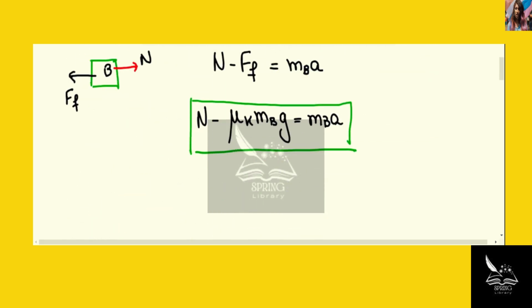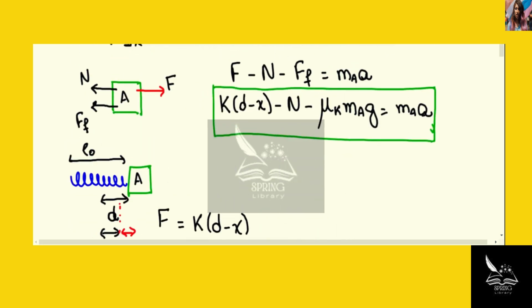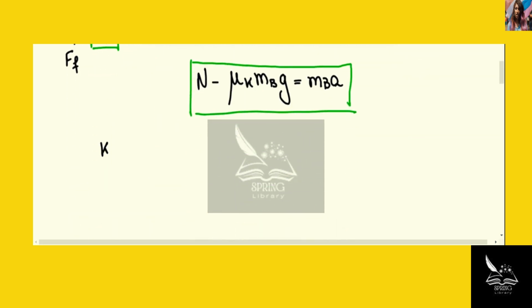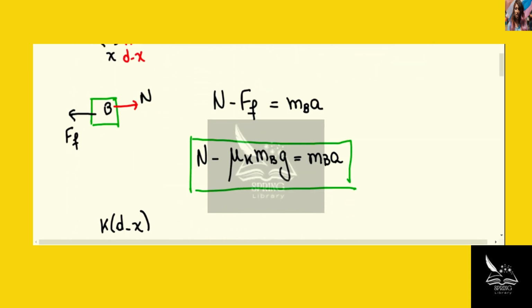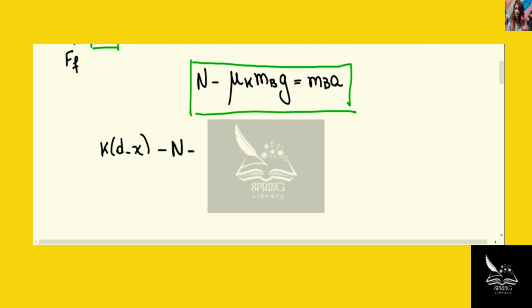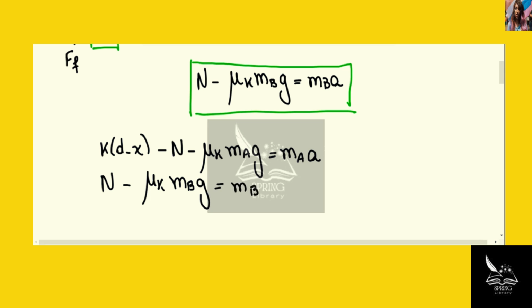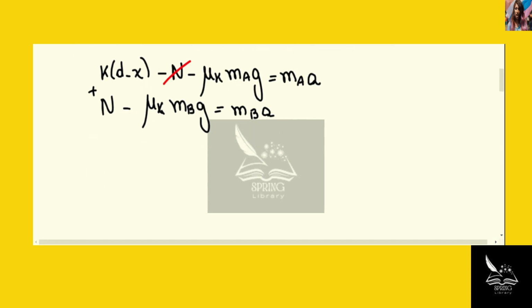I'm going to sum these equations, but let me first write them here. We have K times D minus X, minus N, minus mu K MAG equal to MAA. Then we have N minus mu K MBG equal to MBA. I'm going to sum the equations, so the N's cancel out.